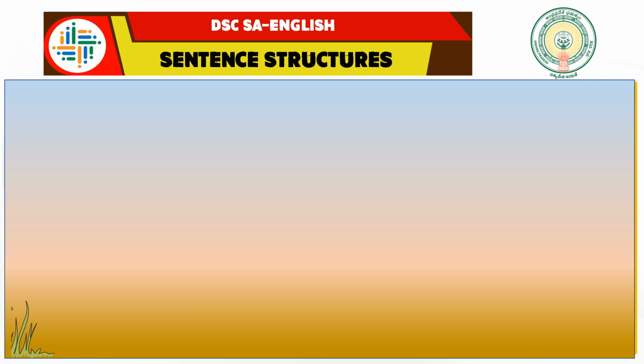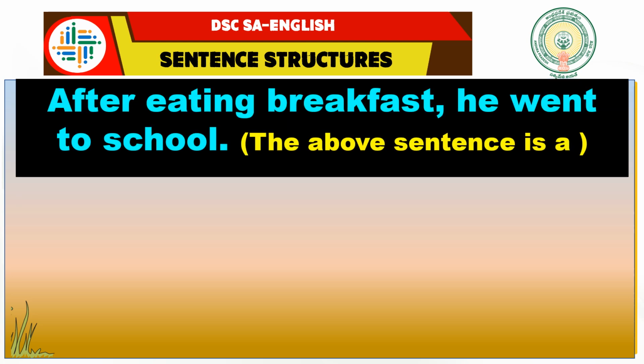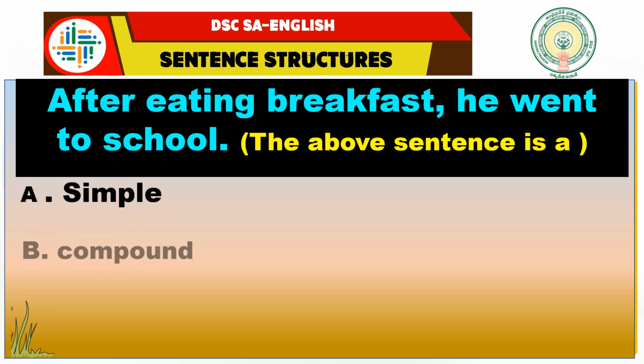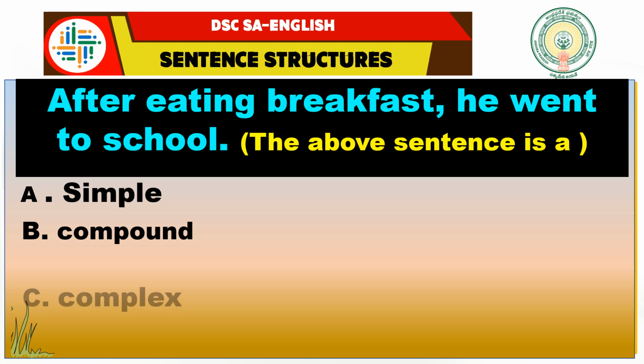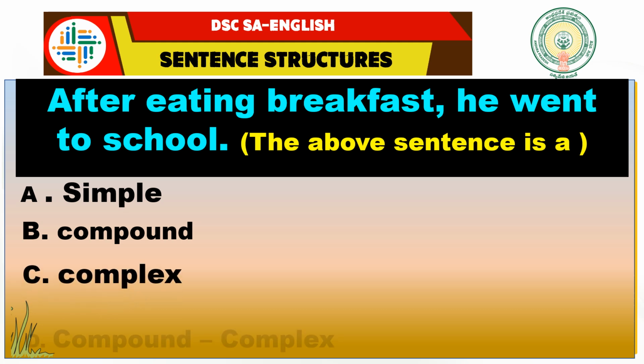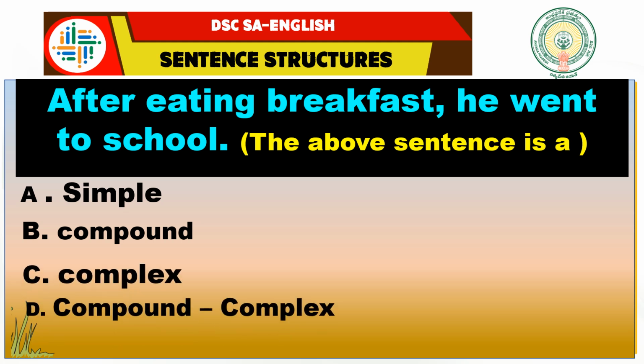Now let's look at another example. After eating breakfast, he went to school. The above sentence is a... Read the sentence carefully and find whether it's a simple, compound, complex, or compound complex sentence.